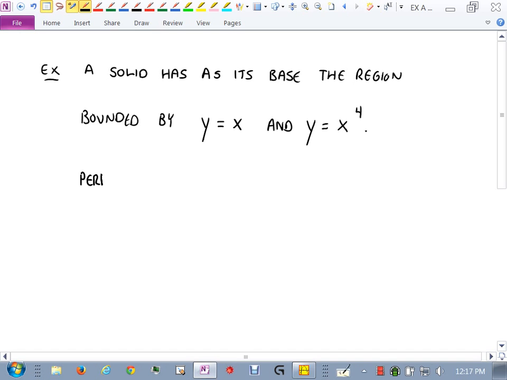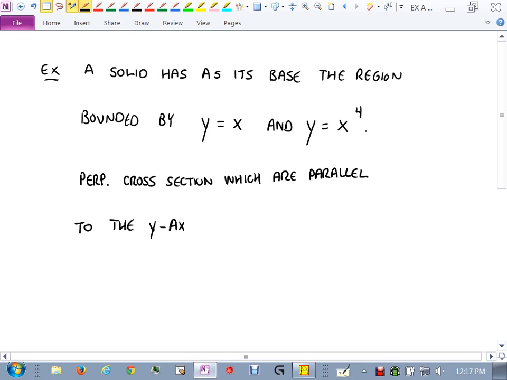Perpendicular, I'm just going to say perp, cross sections which are parallel to the y-axis form, I have many options here, squares.